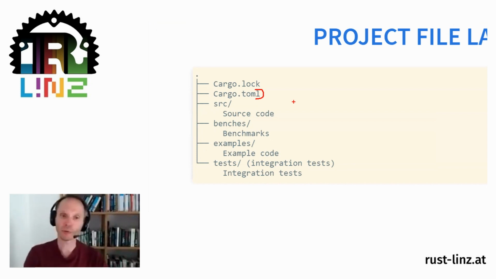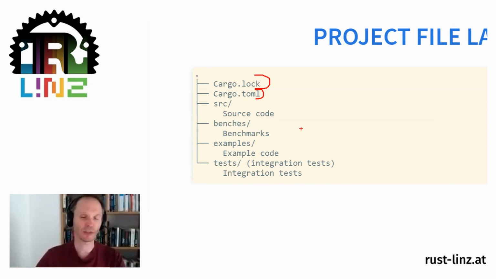Once you call, for instance, cargo build, a Cargo.lock file is generated. Maybe the Node.js developers, does that sound similar to what you already know? Yes, Cargo.toml is very similar to package.json, and Cargo.lock is very similar to package-lock.json.